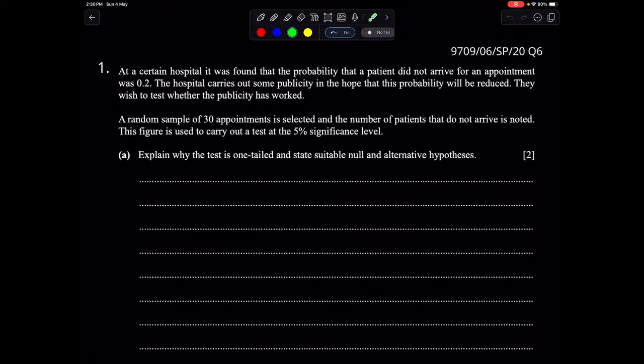At a certain hospital, it was found that the probability that a patient did not arrive for an appointment was 0.2. So this is binomial because there are two outcomes: patients who arrive and patients who do not arrive. So H naught is P equals 0.2.